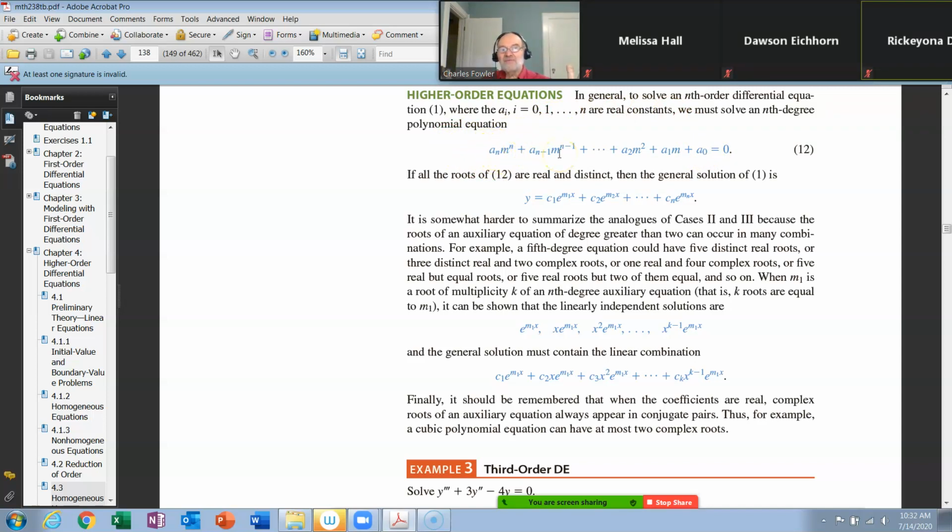All the possible factors there, and then start doing synthetic division to get it down and find your solutions, m1, m2, m3, all the way down until you get those last two. And when you get those last two, that forms a quadratic. That quadratic may have real or imaginary parts to it, just like we did earlier. So you get down to that.